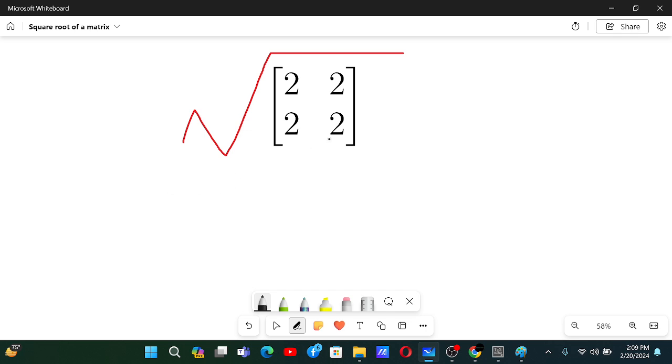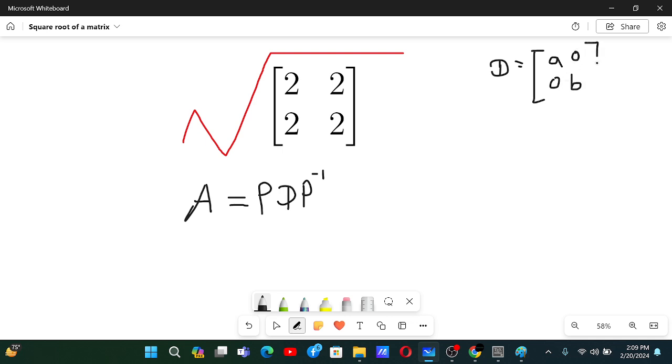If you want to raise a matrix to the power of any n value, the first thing we want to do is express it in the form P D P inverse, where D is a diagonal matrix, meaning all elements other than the diagonal elements are 0, and P is any other matrix.